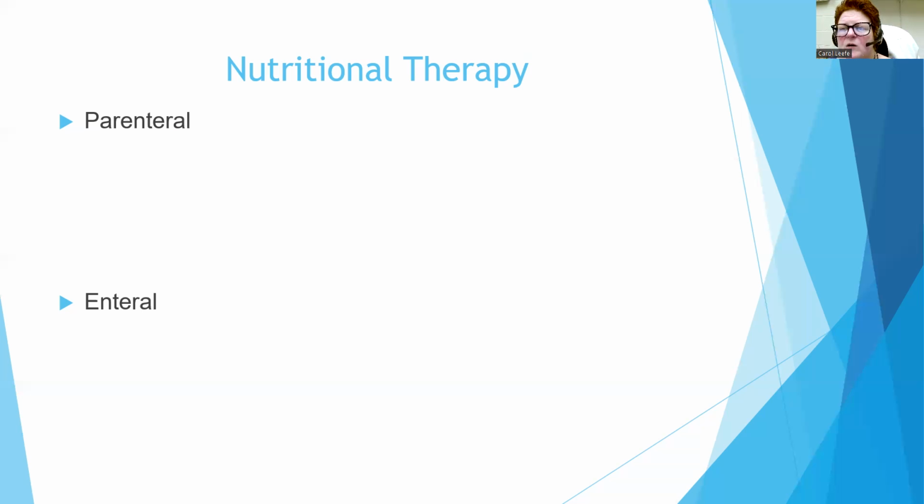When the healthcare provider discontinues the parenteral nutrition, we want to slowly wean them off of it to make sure their insulin is also matching the decline of the glucose and not staying up high, therefore causing a hypoglycemic reaction to the patient.